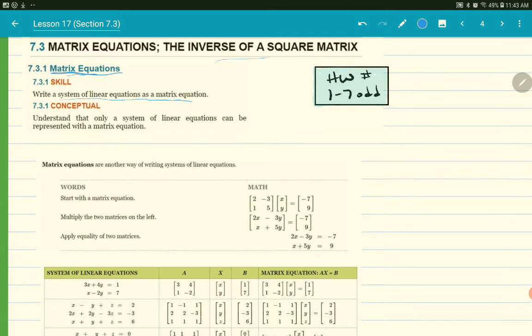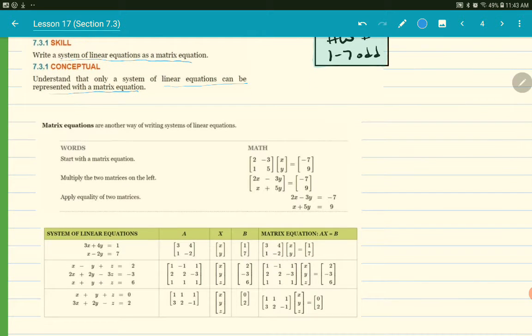The thing to understand here is that a system of linear equations can be represented with a matrix equation. Okay, so here's a couple of examples.